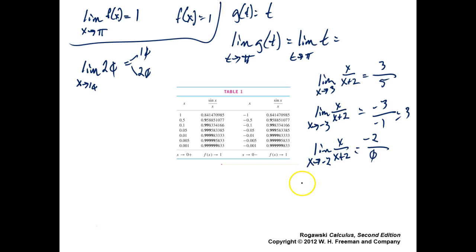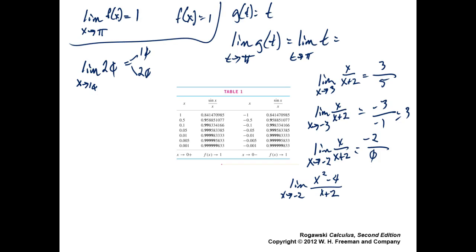What if we had the limit of, okay, what would that one be? That would be 0 on top, and 0 on the bottom.